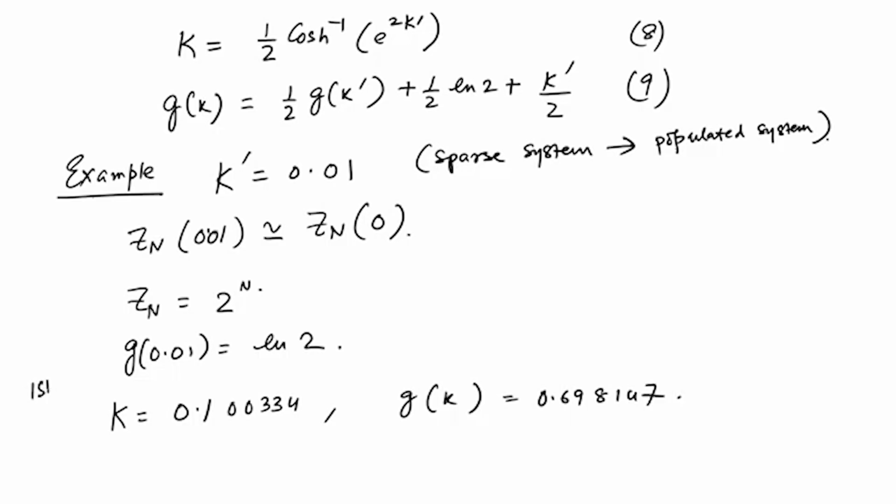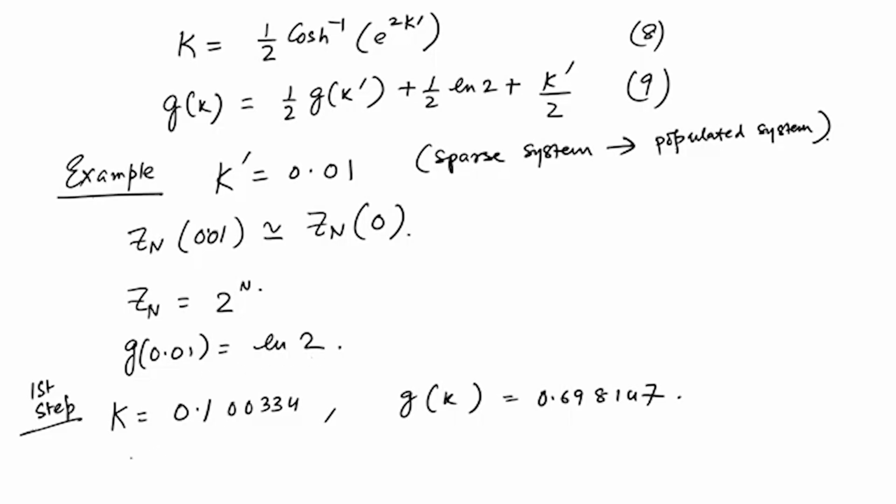So, this first step you can just check by putting this k prime to be equal to 0.01 and these two values that we have said, Zn is equal to 2 to the power n and g of 0.01 equal to log 2.